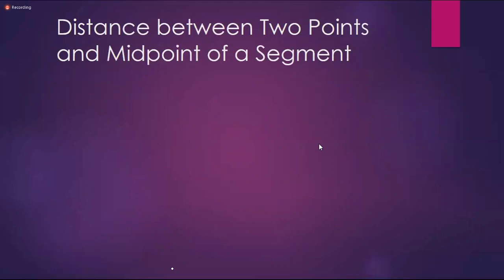Distance between 2 points. So we get a lot of theory today. Distance between 2 points and the midpoint of a segment. The distance between 2 points, let's suppose we have point A and point B, and we need to find the distance between these 2 points.